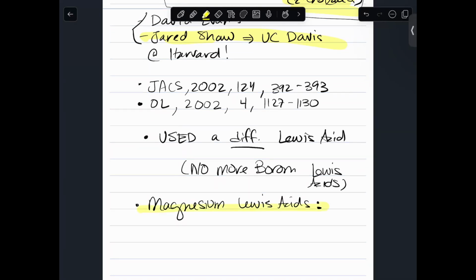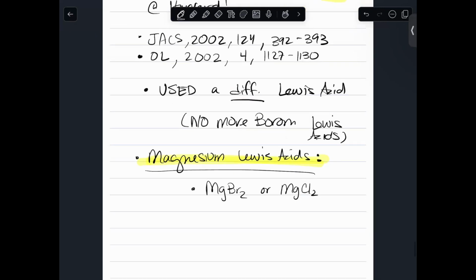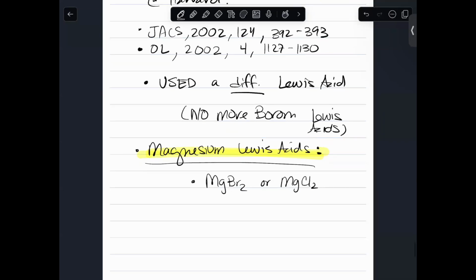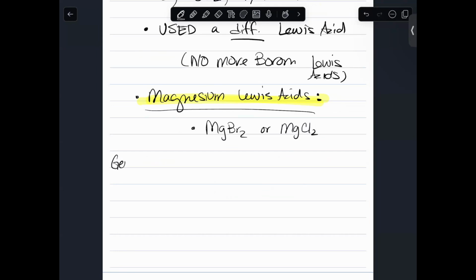Specifically, let me highlight this: magnesium bromide or magnesium dichloride. Okay. So let me first introduce the general reaction of what's occurring. They did a really beautiful job at also doing computational studies on this, so they could try to explain what's happening. So I'll use the following example.